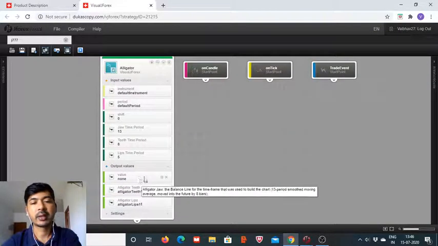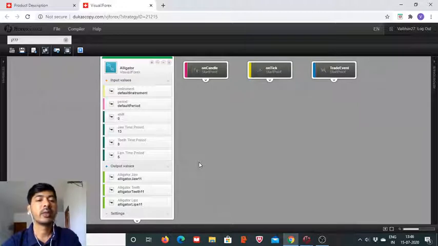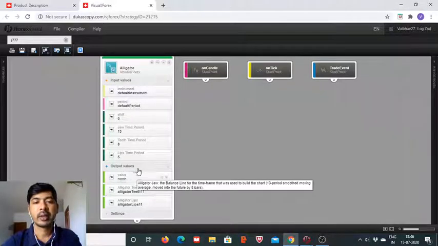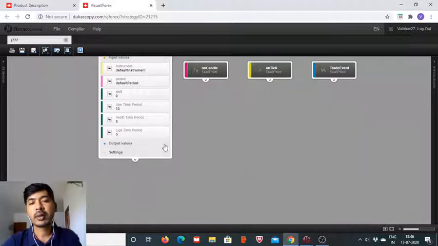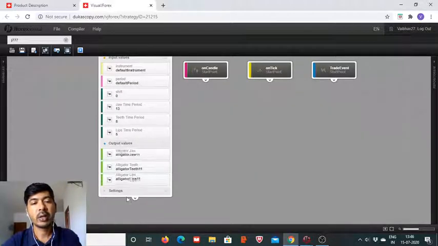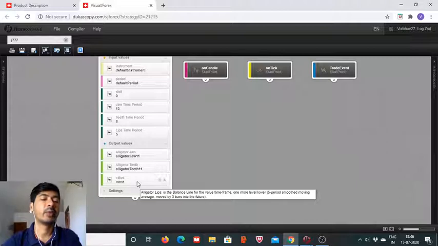As you can see, these are named jaw, teeth, and lips, and this naming can be altered. You can change the name of these output parameters to make it more convenient if need be.